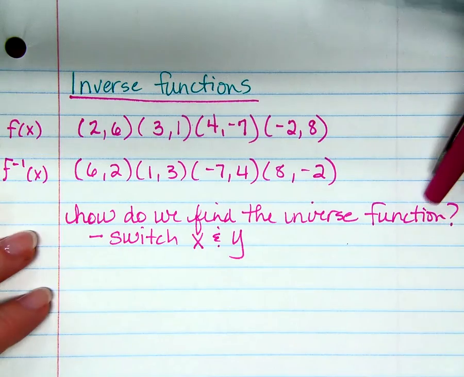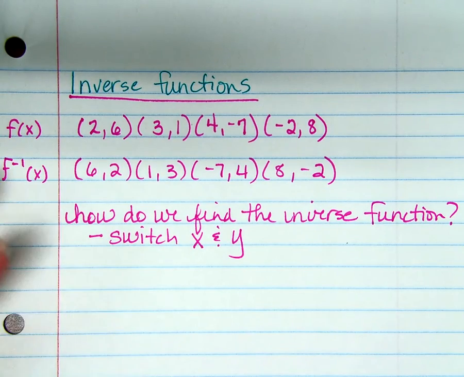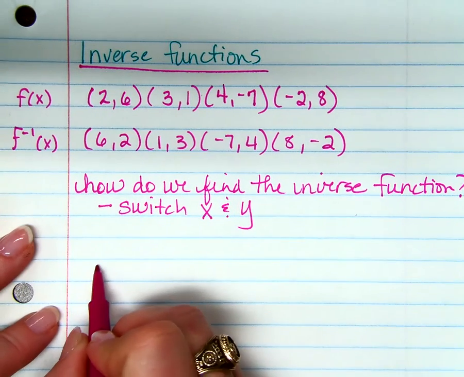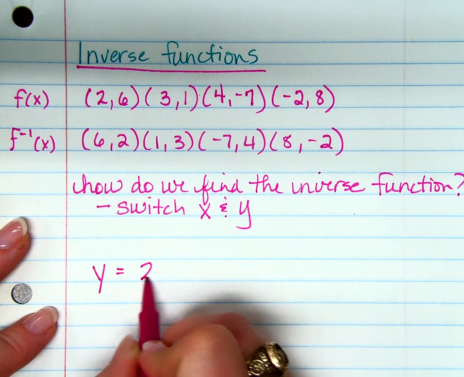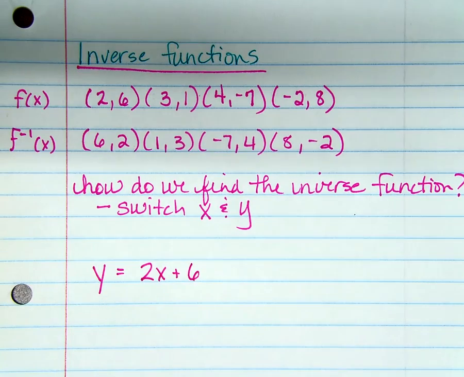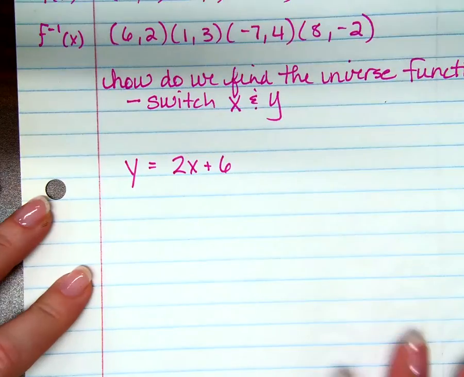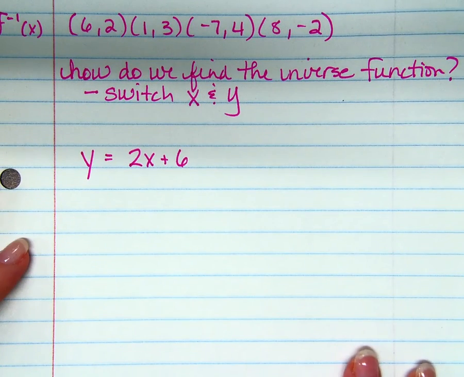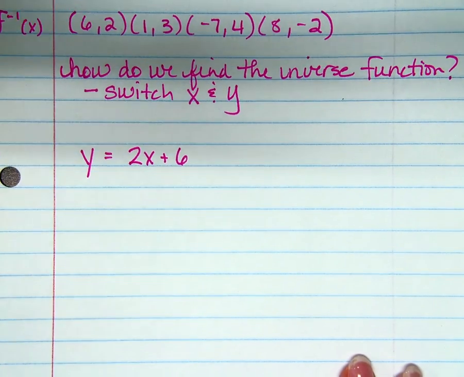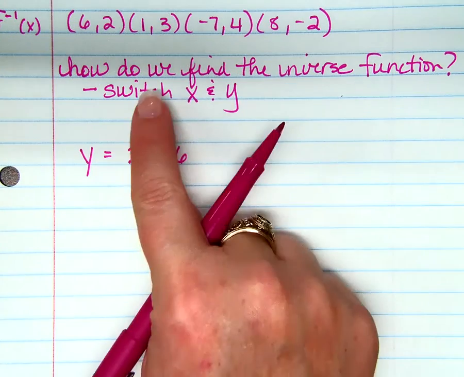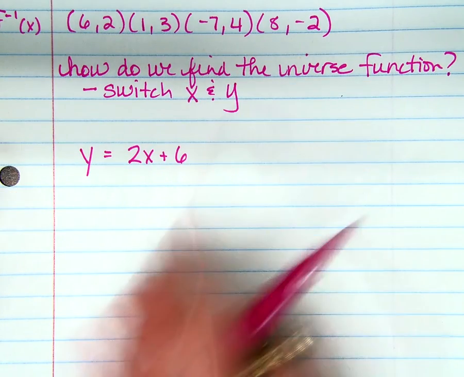So what happens if I give you an equation? What if I say y equals 2x plus 6? How do I find the inverse function? Well, how do you find the inverse function? Switch x and y.